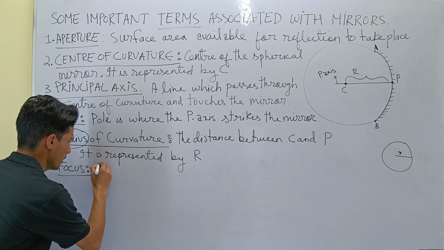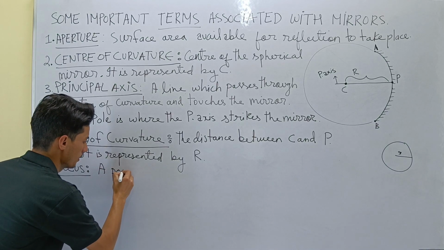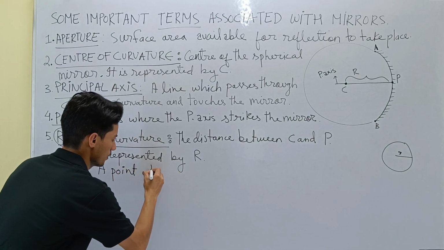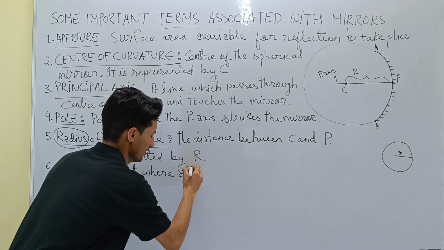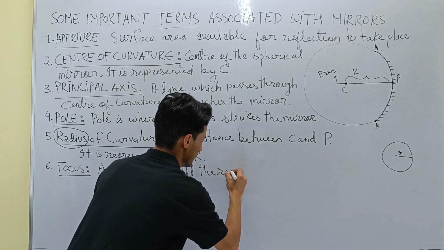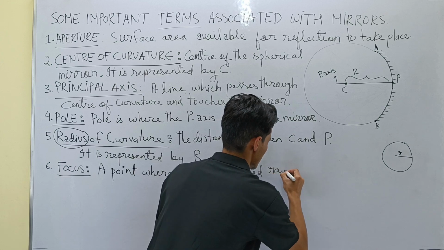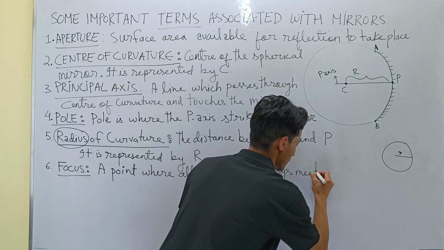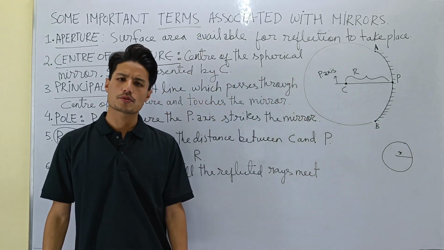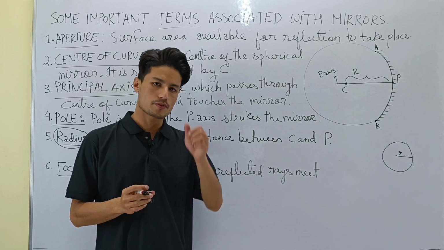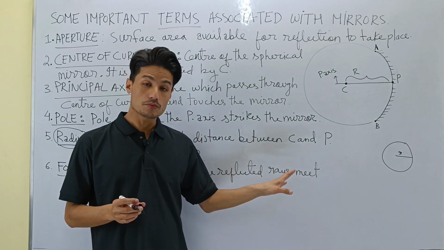Focus, a point where all the reflected rays meet. But we have seen that in a convex mirror, they do not meet.